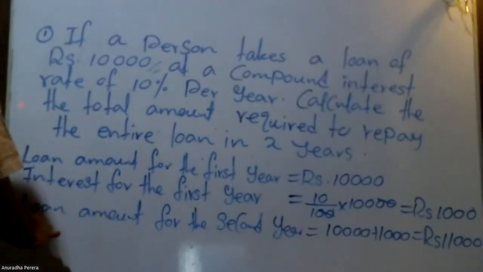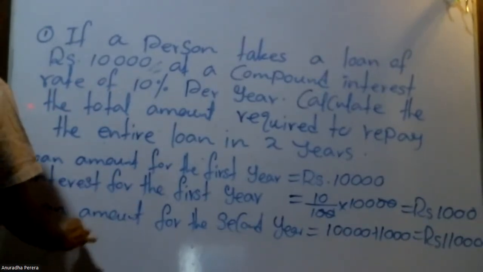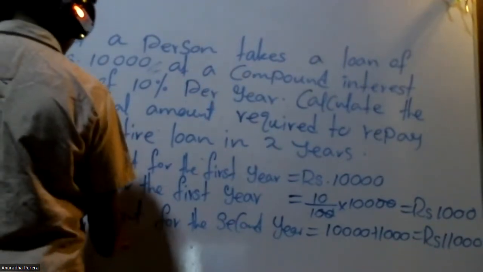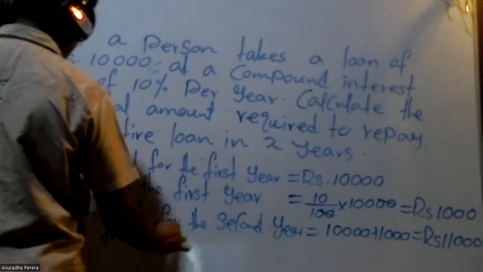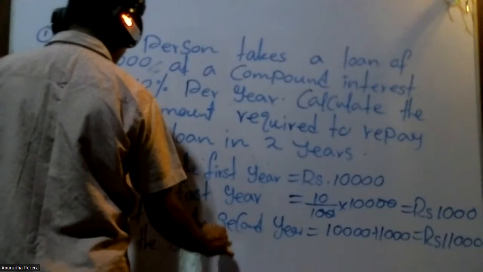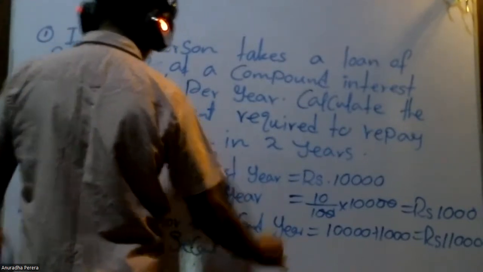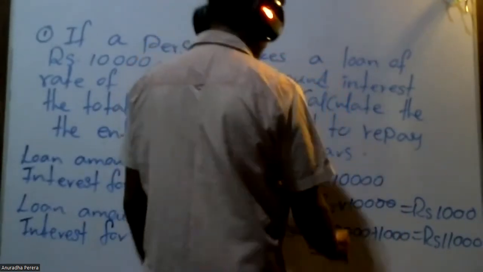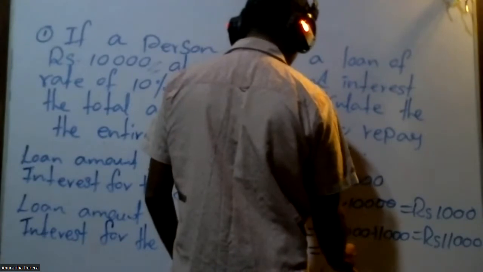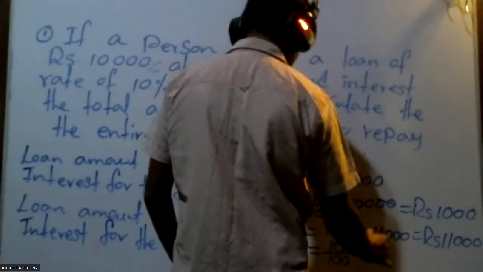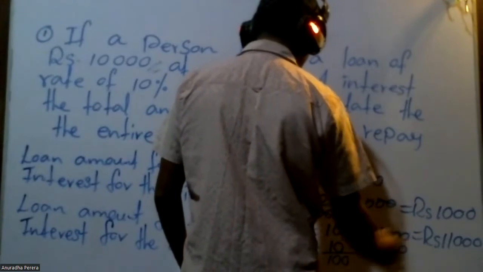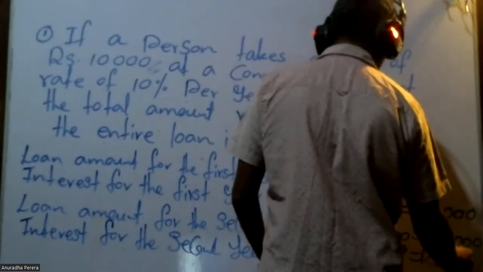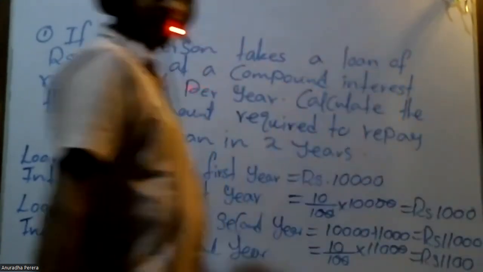Then find the interest for the second year. Right? 10% into 11,000. The answer is 1,100.